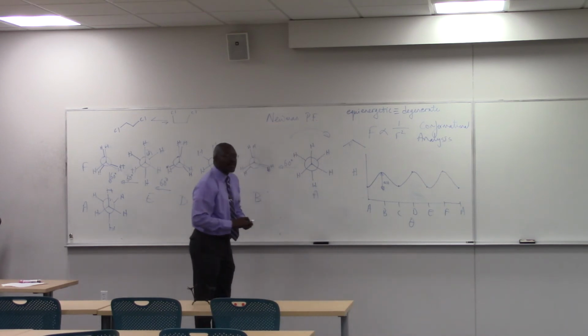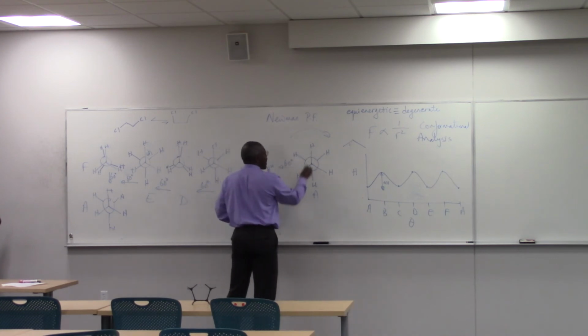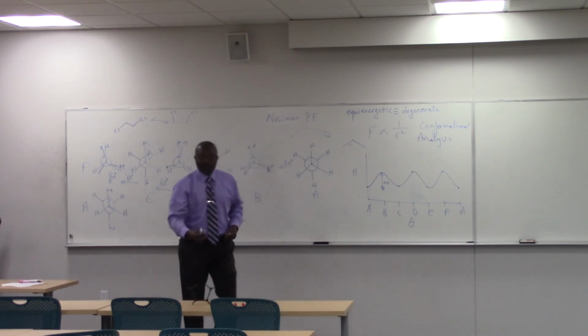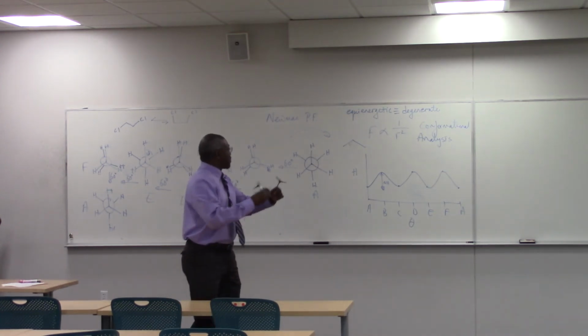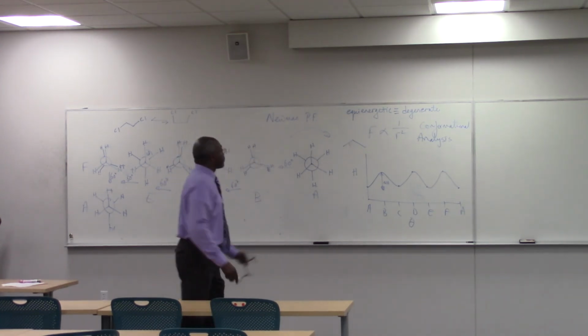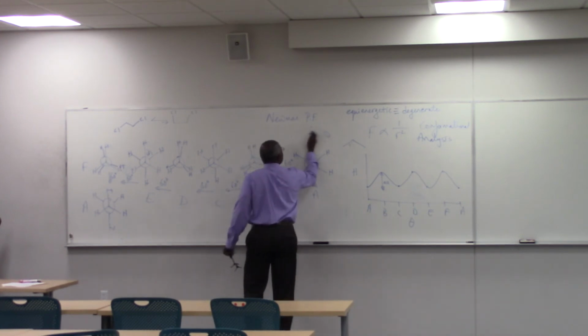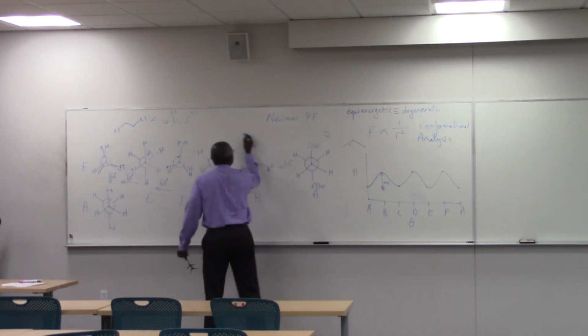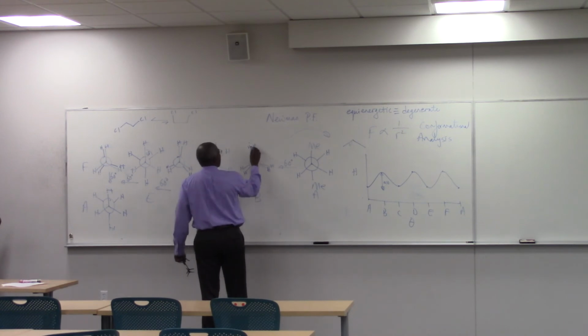So let's go ahead and change now the H's to methyls. So I'm going to make this butane. I'm going to change the H's to methyls, and I'm just going to write methyls as Me, right? So front, and we're going this way.